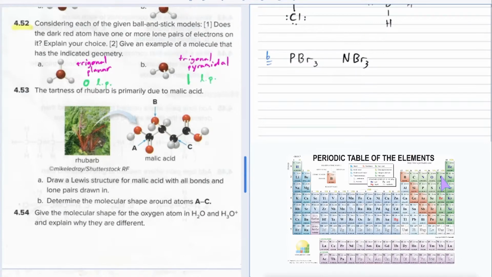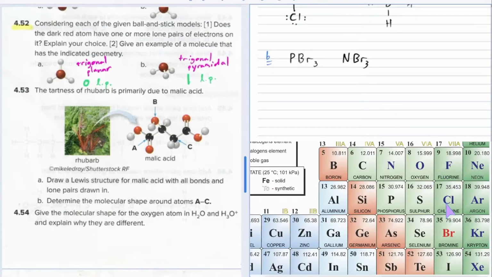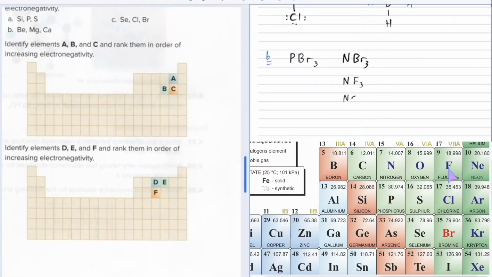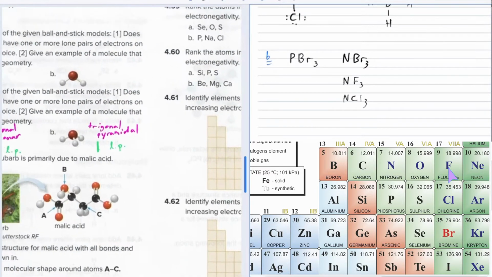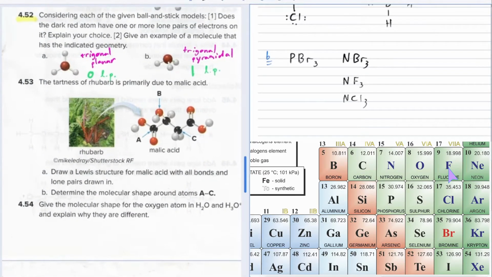Bromine is a halogen, so let's swap bromine for, let's say, fluorine. So how about NF3 or NCl3, or maybe PI3? How about that one? You got iodine. I'll leave it up to you if you want to draw the structures for these.